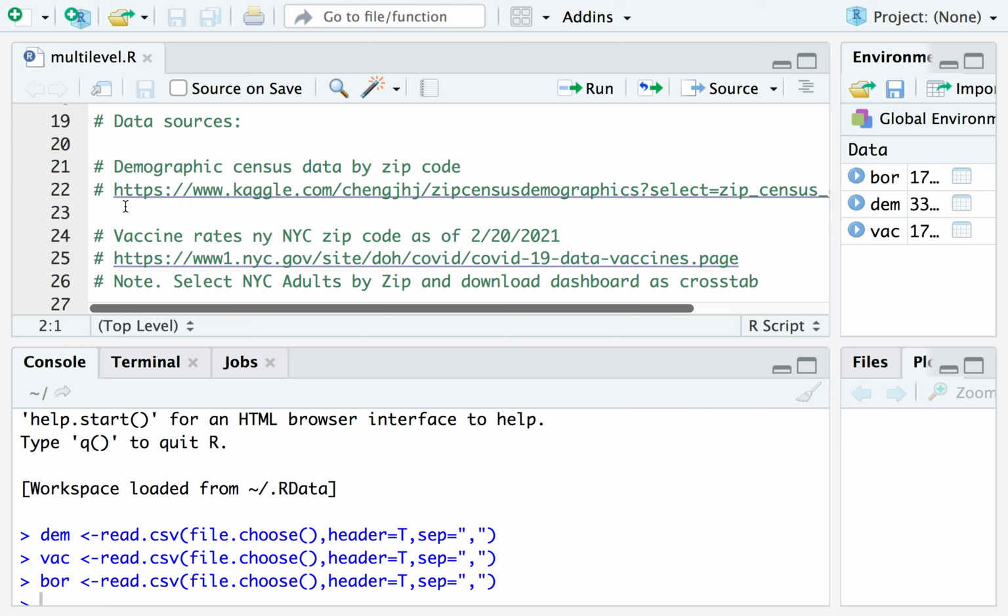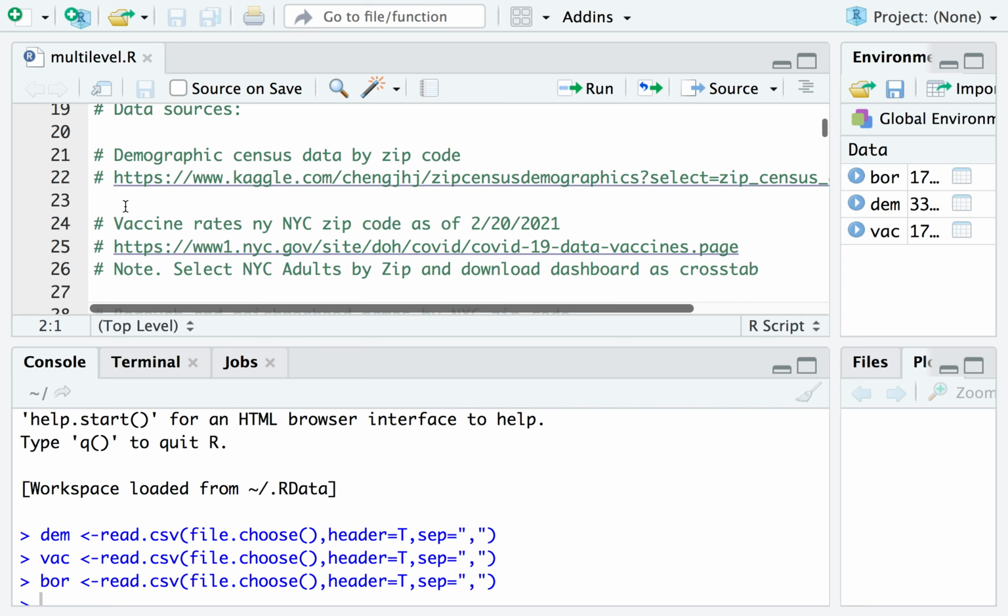So first, I put it together. I pulled in data on demographics by zip code that I found from Kaggle. It provides median age by zip code, things like ethnicity, percentage white, and income.